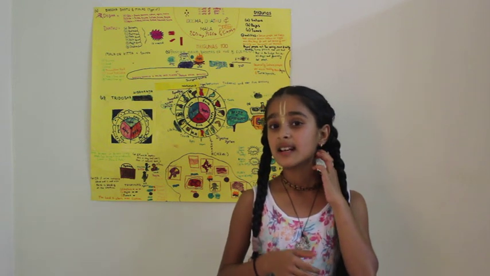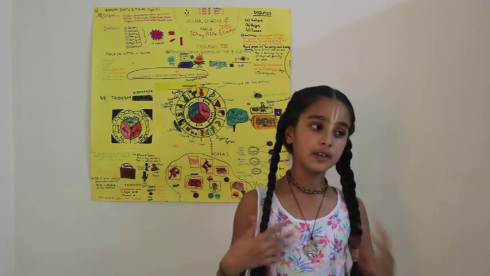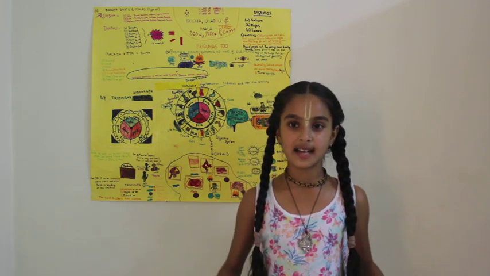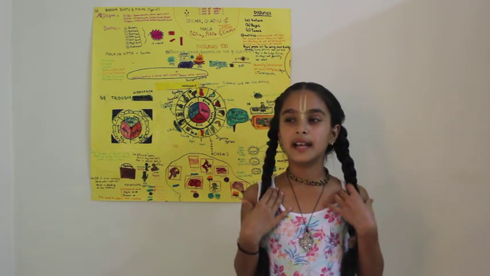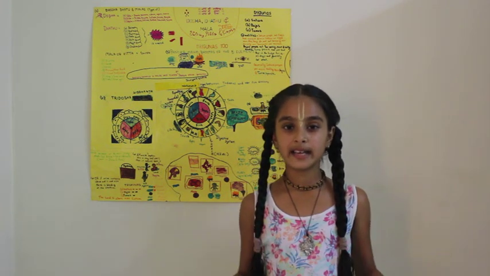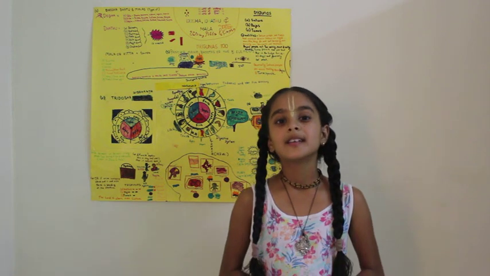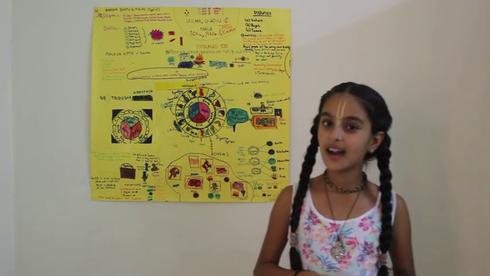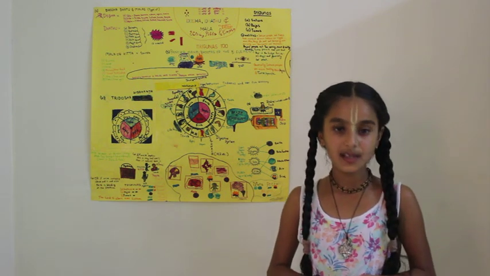Vata people will have scanty sleep and fearful dreams. They will not be able to sleep properly, they will suddenly wake up, suddenly sleep, and be impatient. So these are the characteristics of Kapha, Pitta and Vata type people.